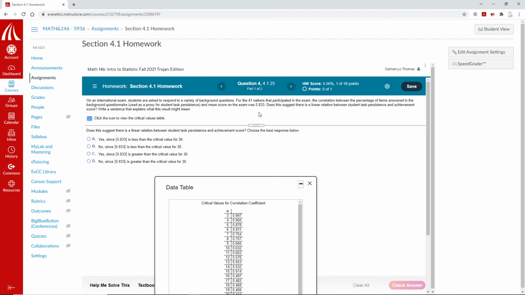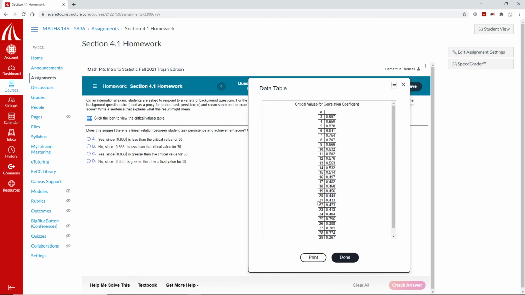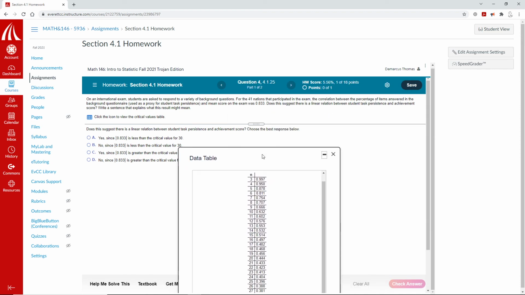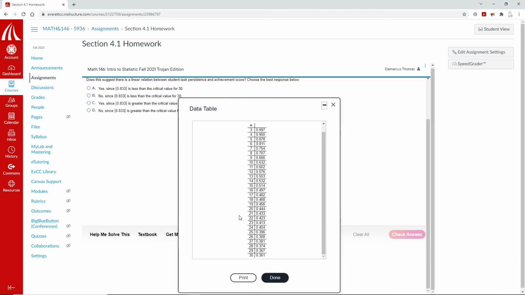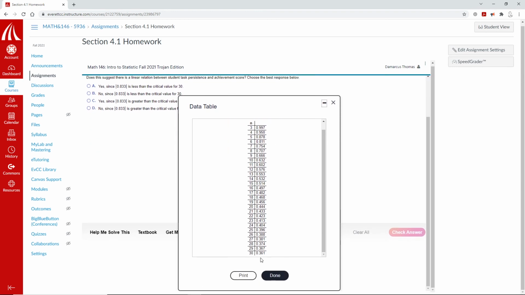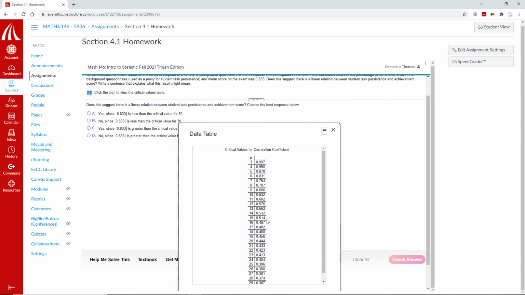So there was a 0.833, but we need to figure out if that's good or not based on our data. And it should definitely be good because our study had 41 nations, but the table only goes up to 30, and it gives you the value. If you exceed this value, then there is a relationship.